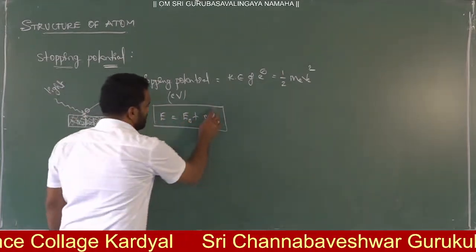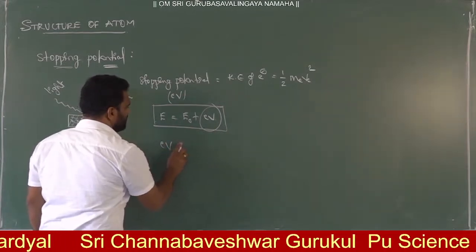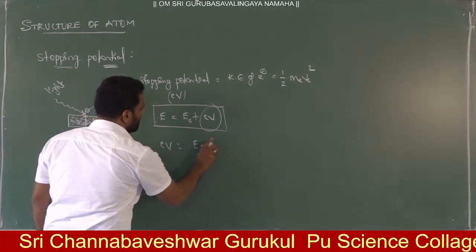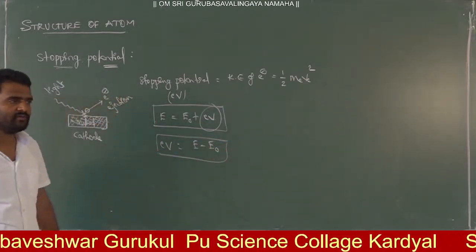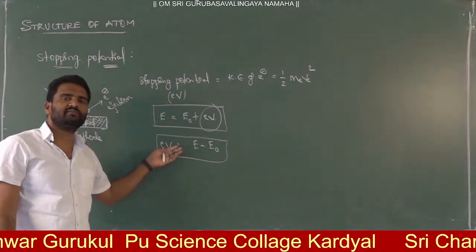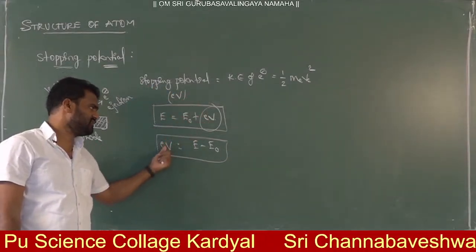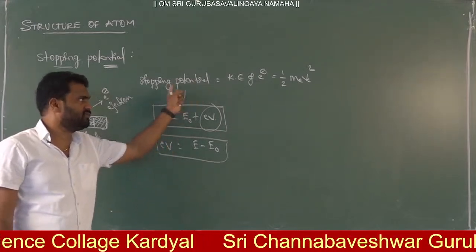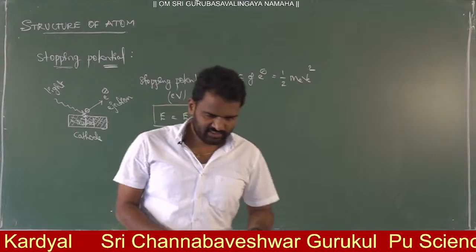If I apply the stopping potential, then eV equals E minus E naught. This is the mathematical relation between stopping potential and kinetic energy. It is just the formula of kinetic energy, because eV is equal to the kinetic energy. This is what we have discussed up to this point.